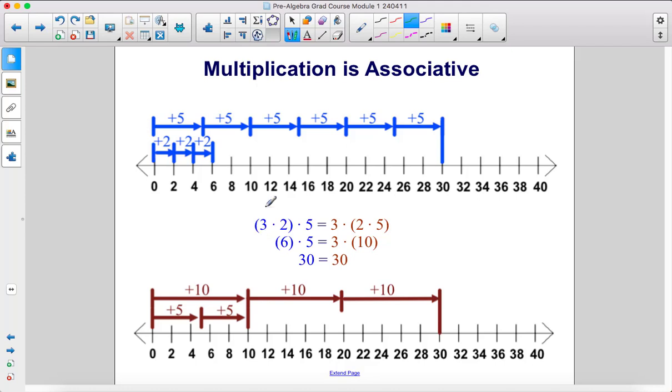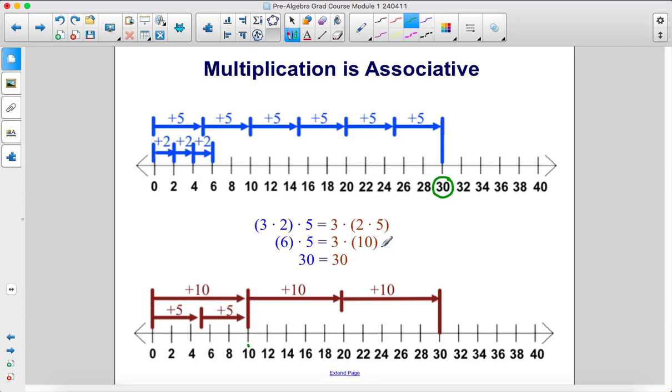All right, so here we have 3 groups of 2. So we add 2 to itself 3 times, 1, 2, 3, and we get 6. Then 6 times 5 is 6 groups of 5, or 5 added to itself 6 times, and we end up over here at 30. On the other hand, here we can do 2 groups of 5, or add 5 to itself twice.